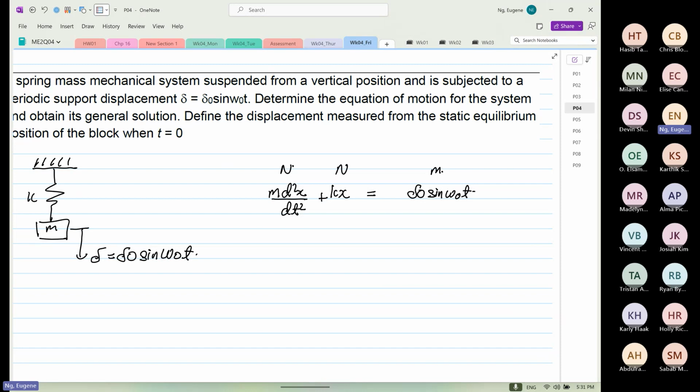Deflection is in meters, and K is Newton per meter. If you have K delta, that is Newton per meter multiplied by meter, the meters cancel. So that's why you include K.